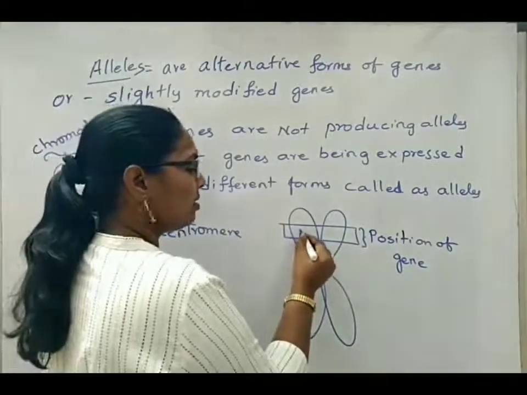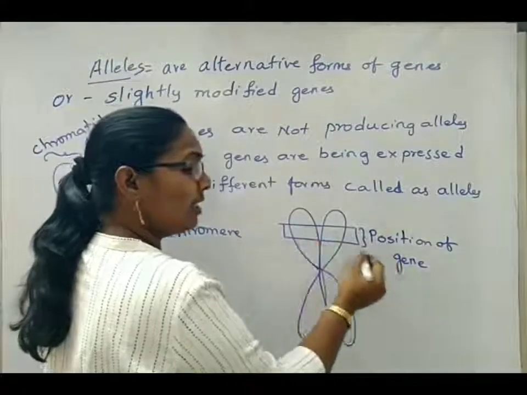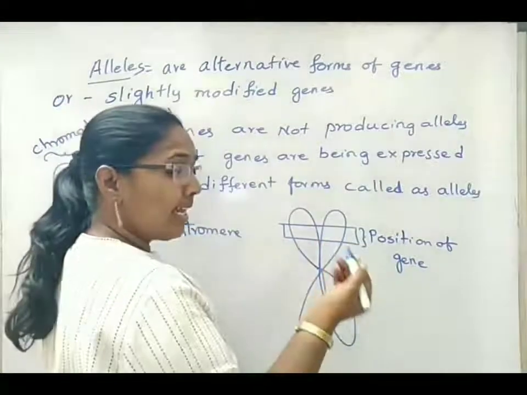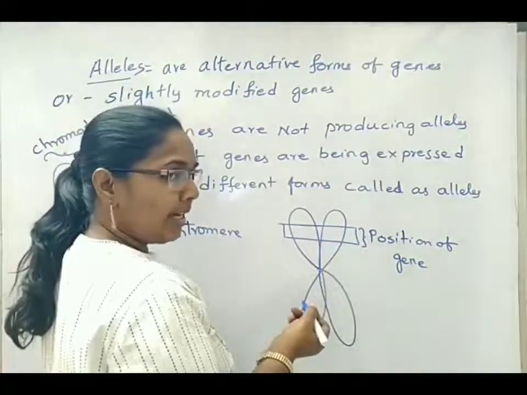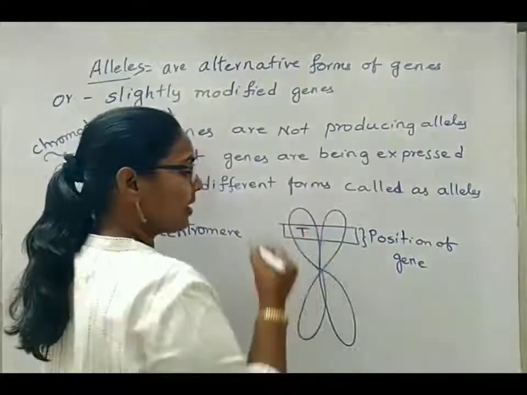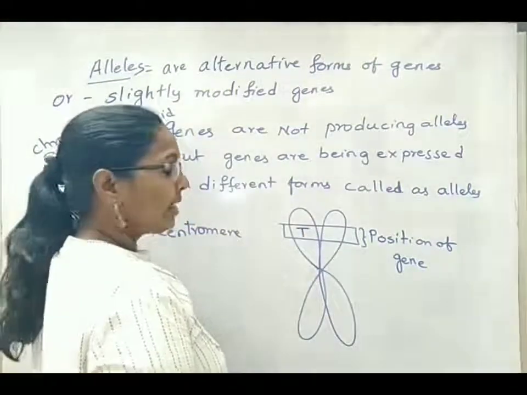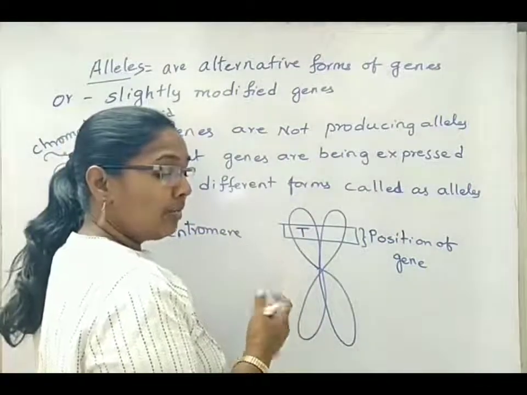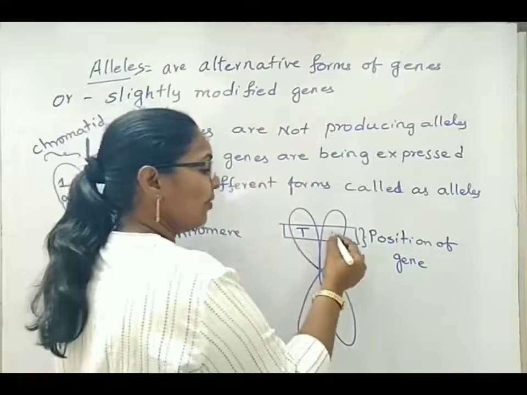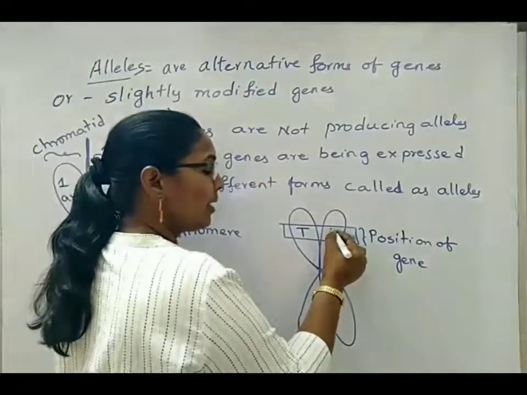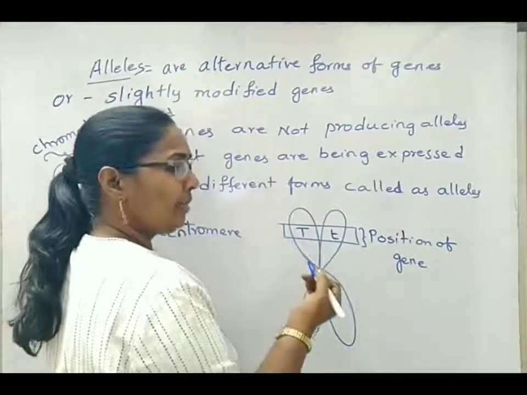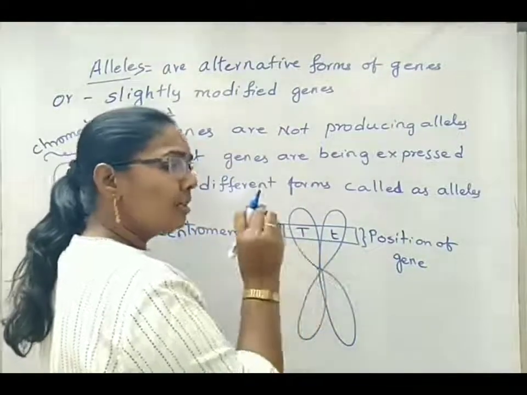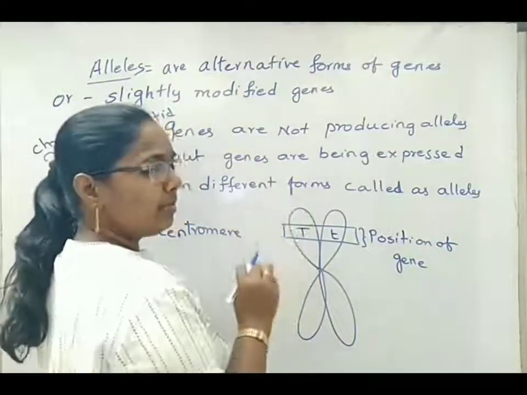Now, for suppose if this gene is responsible for coding a character like height of the plant, then we can represent either as dominant type, which is responsible for tallness of the plant. We can also represent here either small t or capital T basing on the genotype of the plant body.